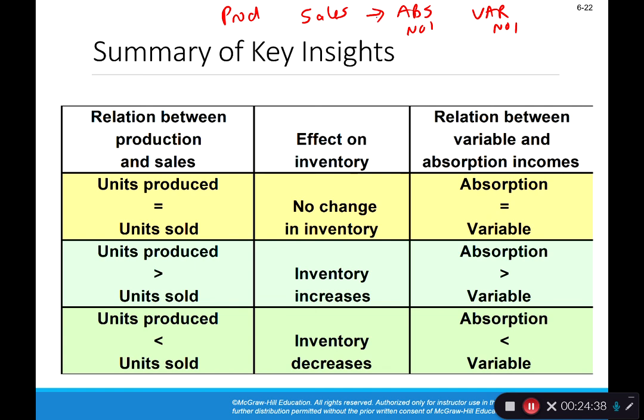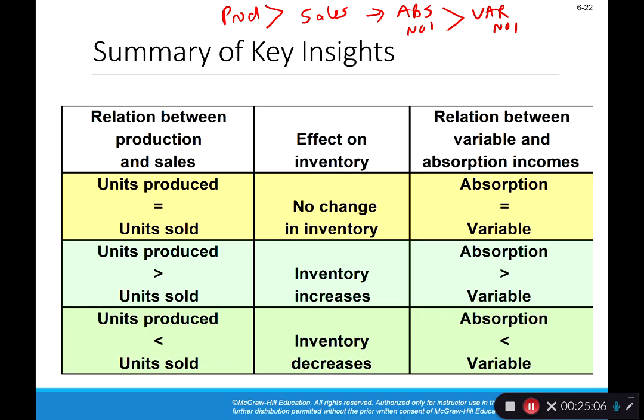And then if you set it up like that, then you just put your little crocodile in, your greater than or equal sign, and keep it in the same direction. So when production is greater than sales, absorption NOI is greater than variable NOI. Why? Well, we already talked about it, because fixed overhead gets stuck in inventory under absorption and not expensed.